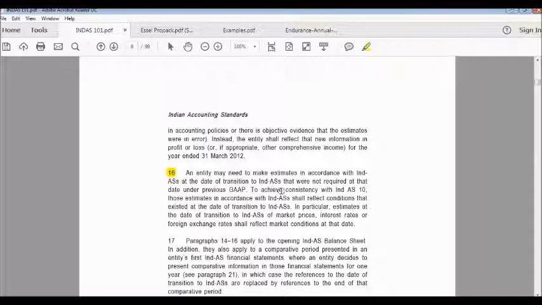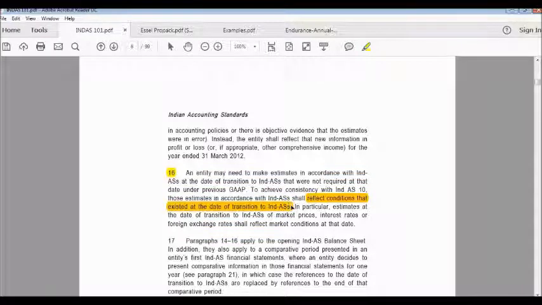To achieve consistency with Ind AS 10, which is about accounting estimates, those estimates shall reflect the conditions that existed at the date of transition to Ind AS.